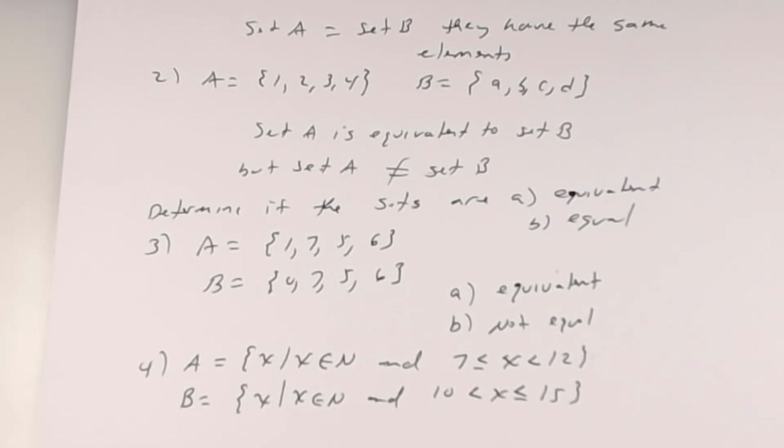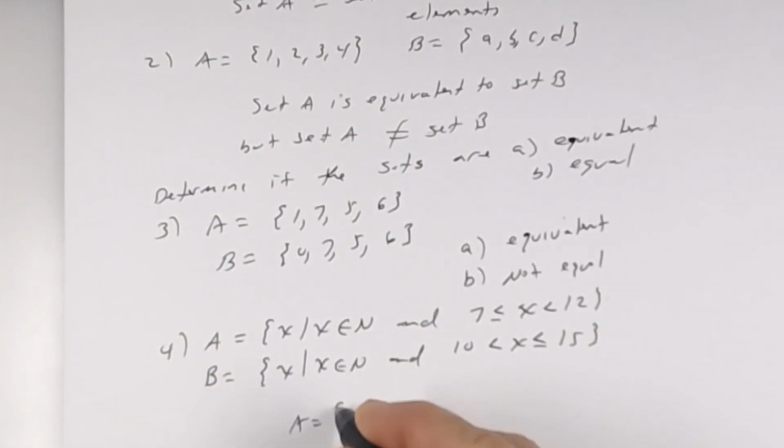So that one, it may help if you do the roster idea for each one. If you look at set A, what are the elements of set A? If you think about the roster first, so let's put it in roster form. It does help sometimes. So what would be in set A? What elements would be in set A?